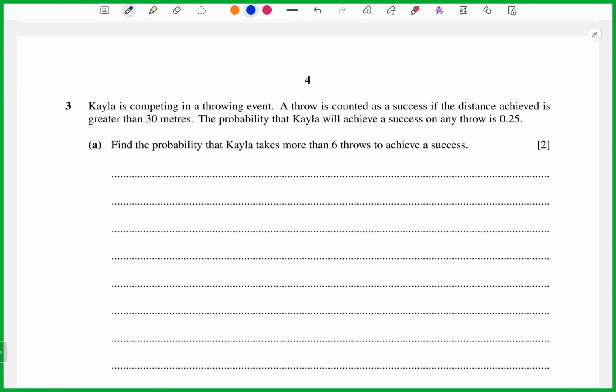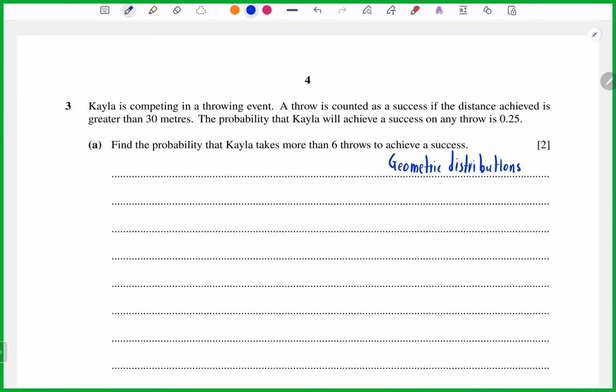So we will use the geometric distribution, because you can see this keyword: you need to repeat many times until Kaia can succeed. So we now need to apply the geometric distribution.